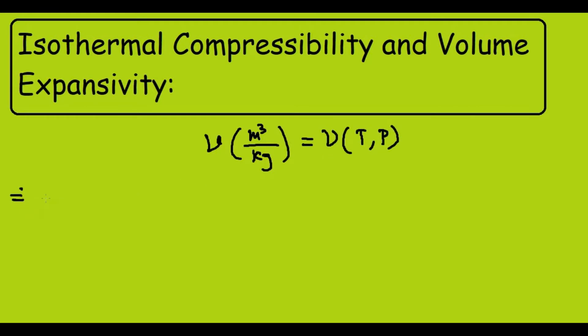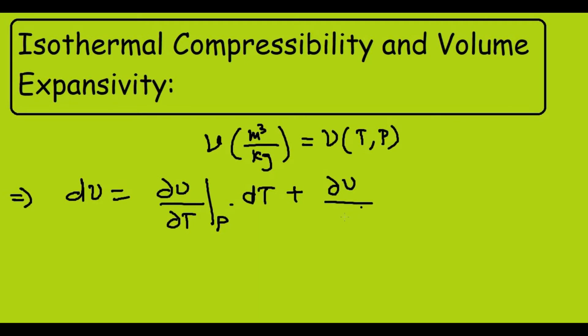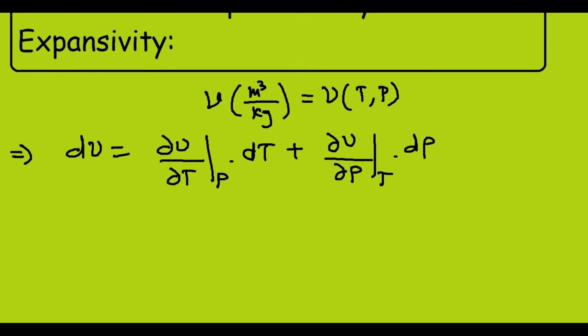Now what I will do is, I will take a total derivative. So dV is equal to del V del T at constant pressure times dT plus del V del P at constant temperature times dP. So this is what I have after applying the first step.